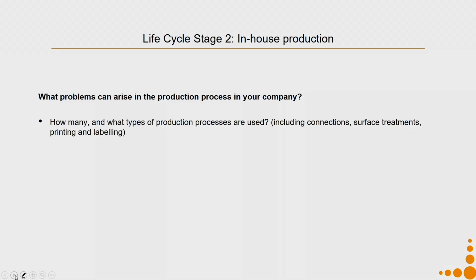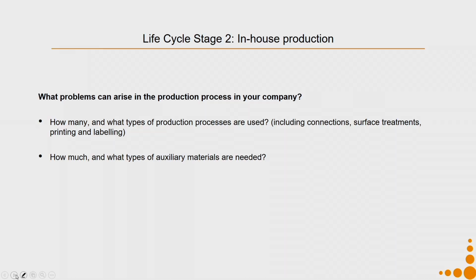How many and what types of production processes are used, including connections, surface treatments, printing, labeling, assembly, everything. The more the number of processes, the more the overheads on the company, the more might be the environmental impact.